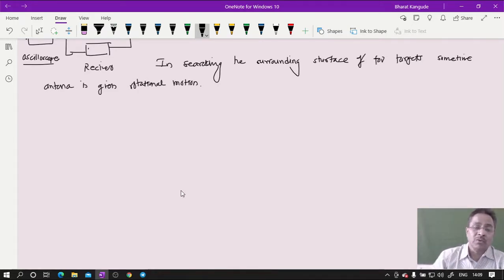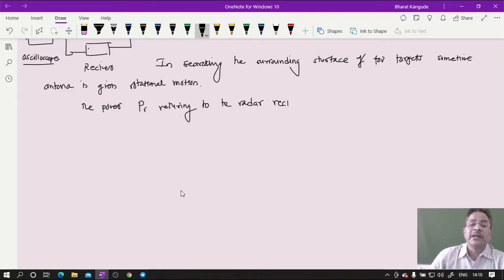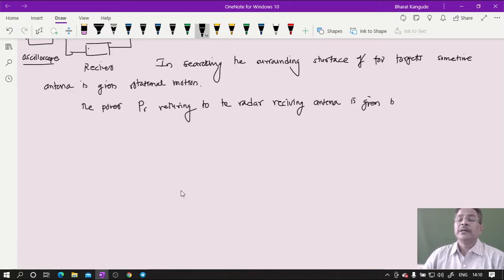Okay. Now, what is the mathematical part here? The power PR returning to the radar receiving antenna is given by an equation.